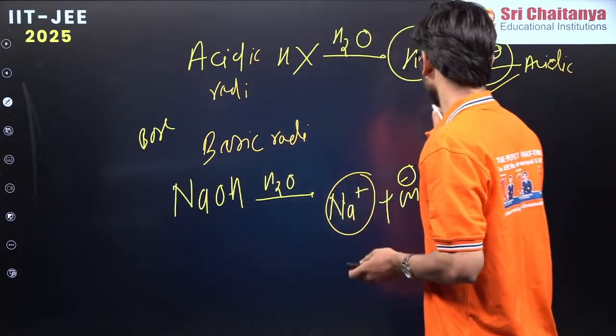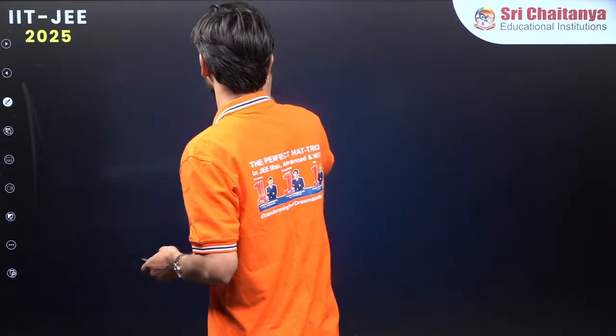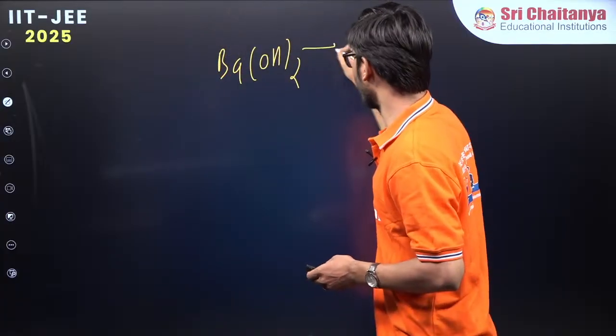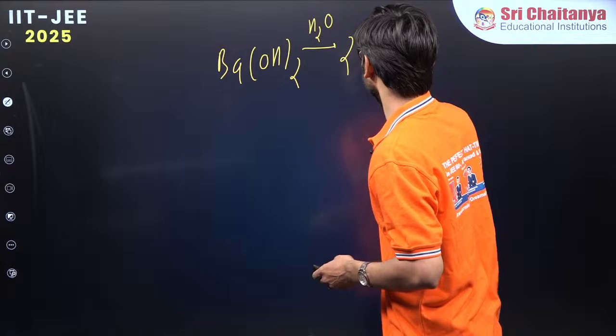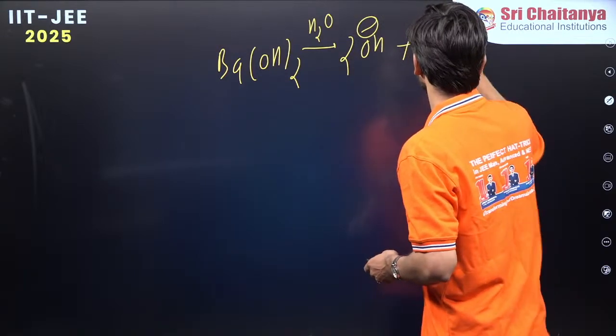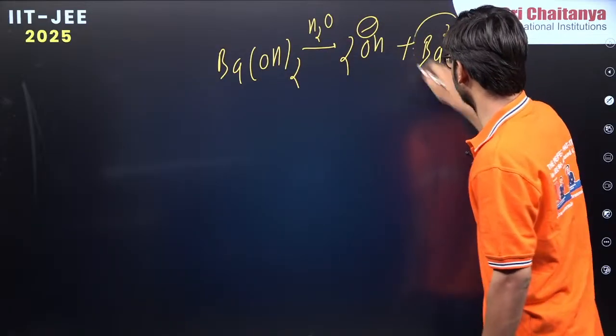For example, let us say we have barium hydroxide. Barium hydroxide is a base, because if you put it into the water, it will dissociate into 2OH minus plus barium 2 plus. If you remove OH minus, what is left? Ba2 plus.